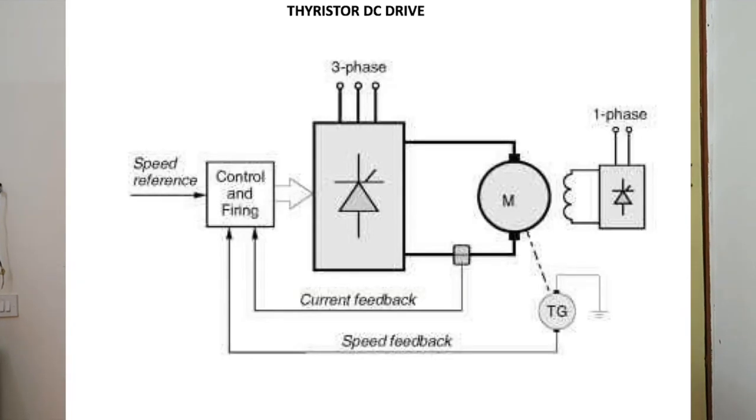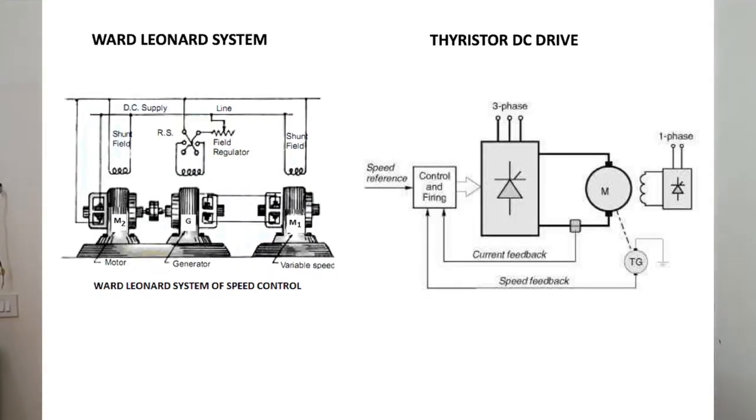The thyristor drive would take the AC input and give a variable DC voltage across the armature of the DC motor, so the speed could be varied. If you wanted extra fine-tuned control, you could put a thyristor drive on the field of the DC motor and vary the speed slightly by varying the field. So in principle, this was how the thyristor drive replaced the Waterline Arc system.